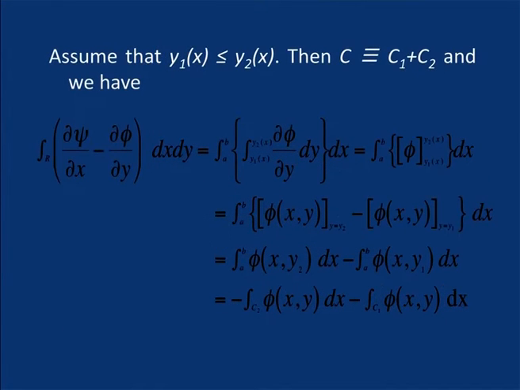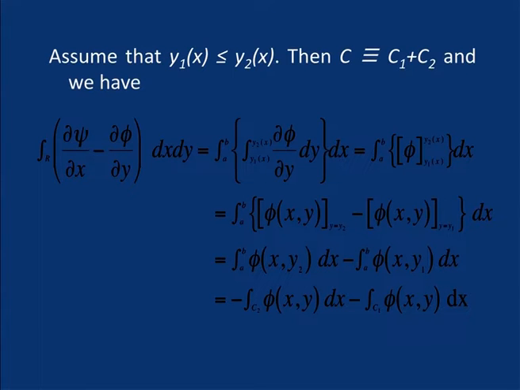Assume that y1(x) is less than or equal to y2(x), then C is equal to C1 plus C2, and we have the integral over R of del phi over del y dx dy equal to the integral from a to b, then integral from y1 to y2 of del phi over del y dy dx, that is equal to the integral a to b of phi from y1 to y2 dx, that is equal to phi(x,y) at the points y equal to y2 minus y equal to y1.